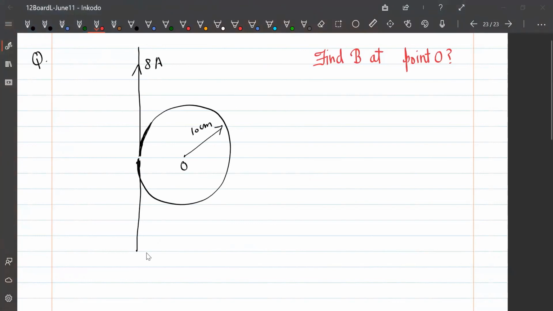So this is an infinite wire, not semi-infinite, but you can consider it as two semi-infinite wires or a single infinite wire. It's just a small gap, so you can ignore that gap.